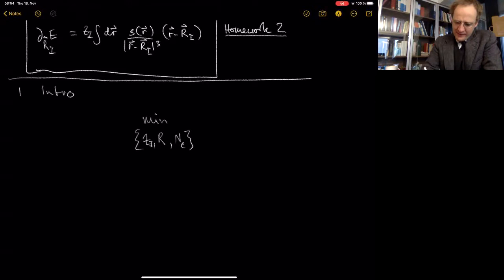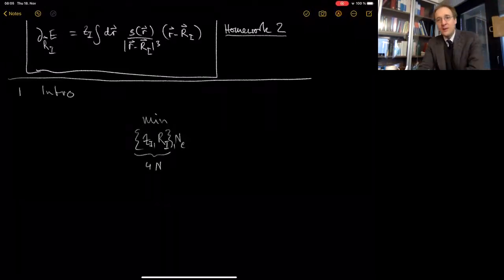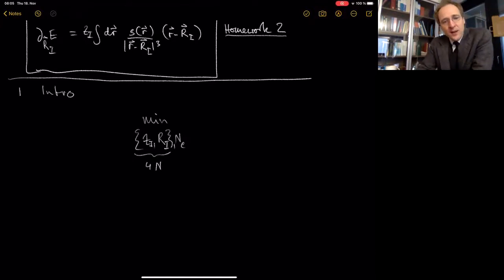And you have, maybe write it like this. You have a set of atoms, right? So this is 4n dimensions, n being the number of atoms. And so your R is vectorial.